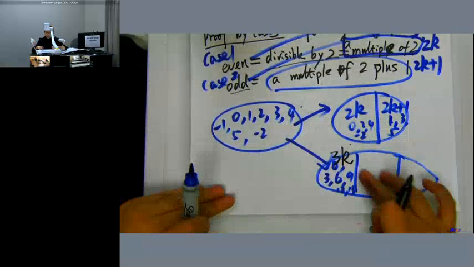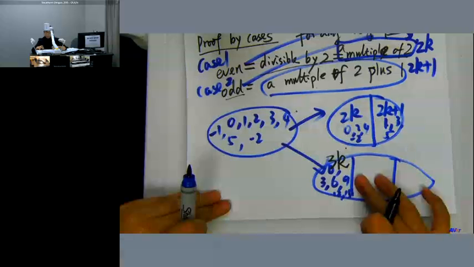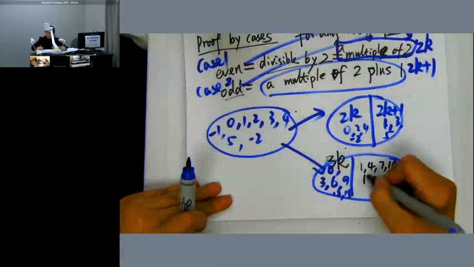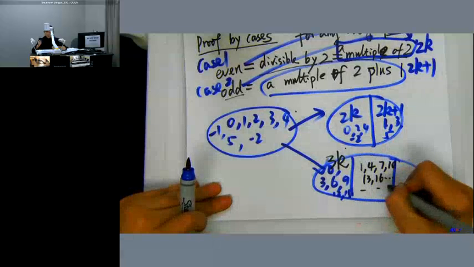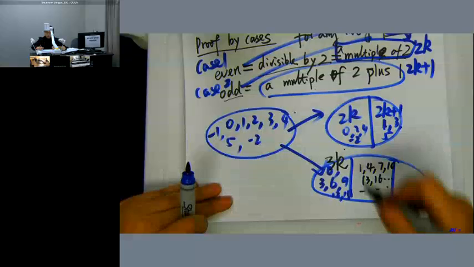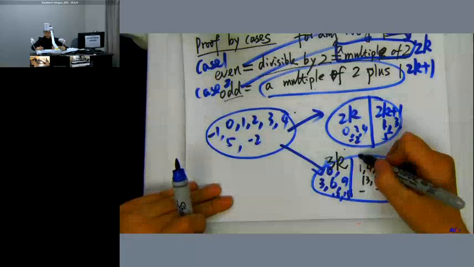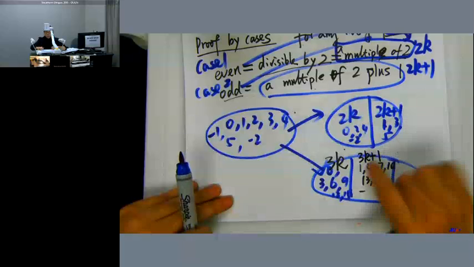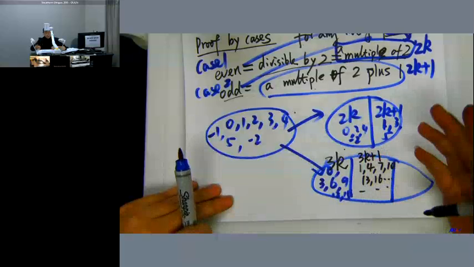But there are also numbers that are not 3k, not multiples of 3, for example 1, 4, 7, 10, 13, 16. But they are a multiple of 3 plus 1, right? So I can use 3k plus 1. 3k means a multiple of 3, plus 1 means plus 1.